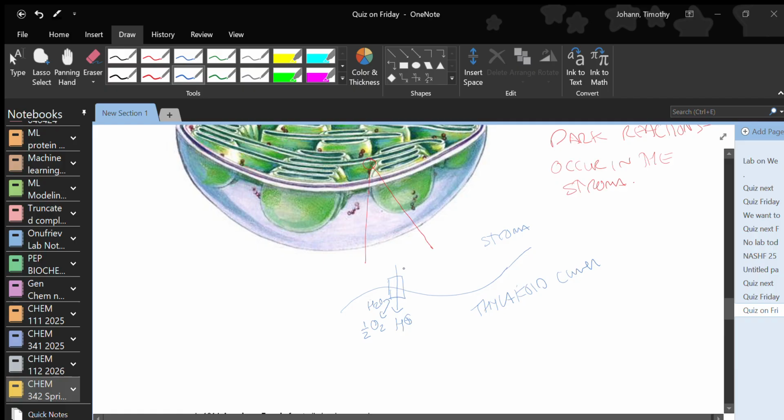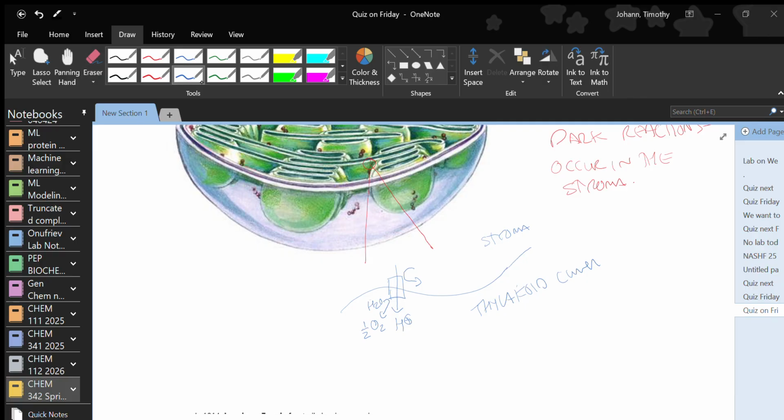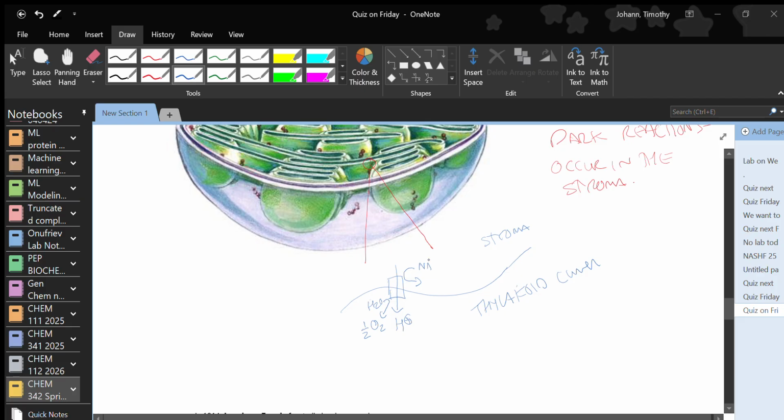And then at the end of this, if we're going to go straight through, we're going to make NADPH, right? Remember NADPH is used to make things? So we take NADP plus and we make NADPH, okay? That can be used to synthesize things in the stroma, which is where it's being made.